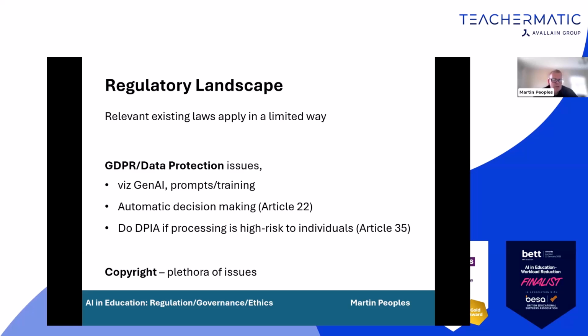Now the case was quite prolonged, and what eventually happened was Getty dropped quite a lot of the claims, but what was left didn't succeed anyway. The judge said basically that Stability AI hadn't actually used the images. They had created mathematical facts about the images that allowed other images to be created, but they didn't copy the images.